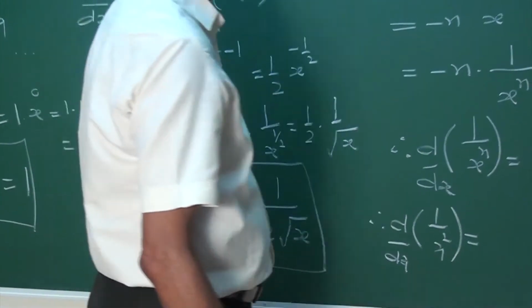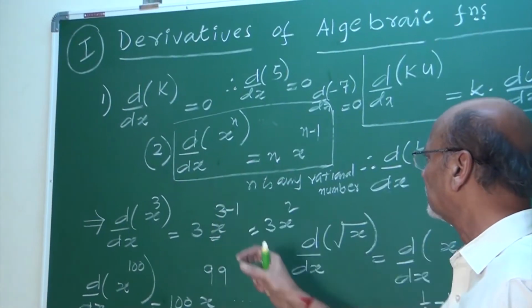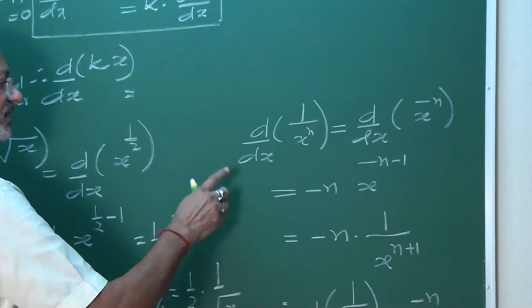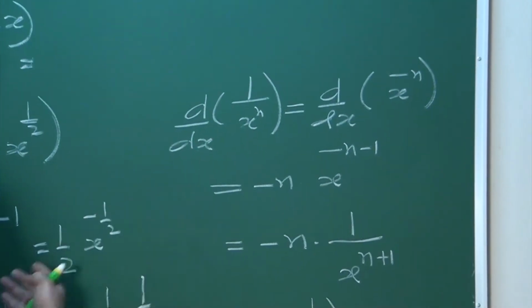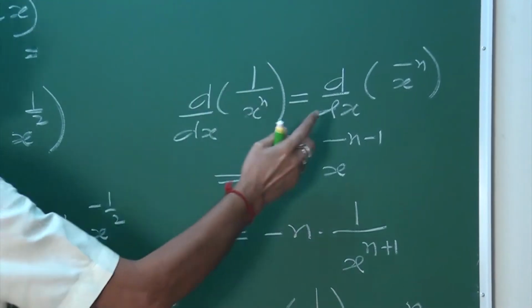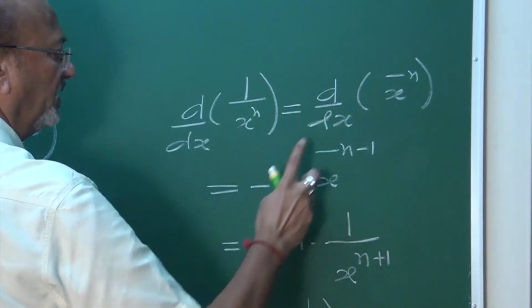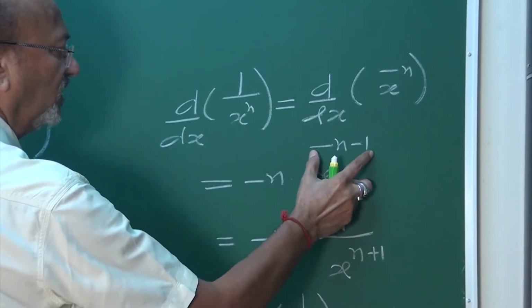Next, this. What is here? X to the power n is in the numerator. What is this? It is x to the power n in the denominator. It is the derivative of 1 upon x to the power n with respect to x. As this, lift the numerator: minus n. Apply the formula: minus the power, x to the 1 less than the power.